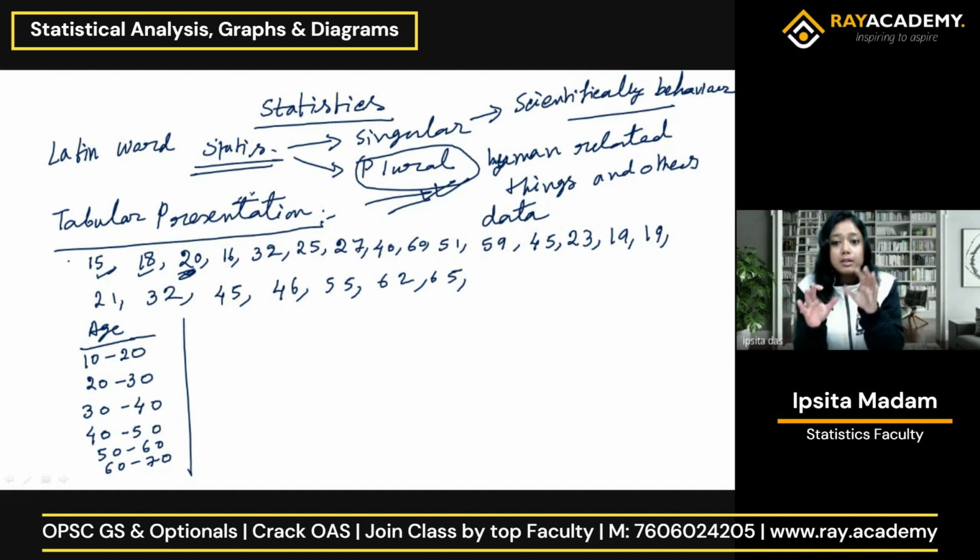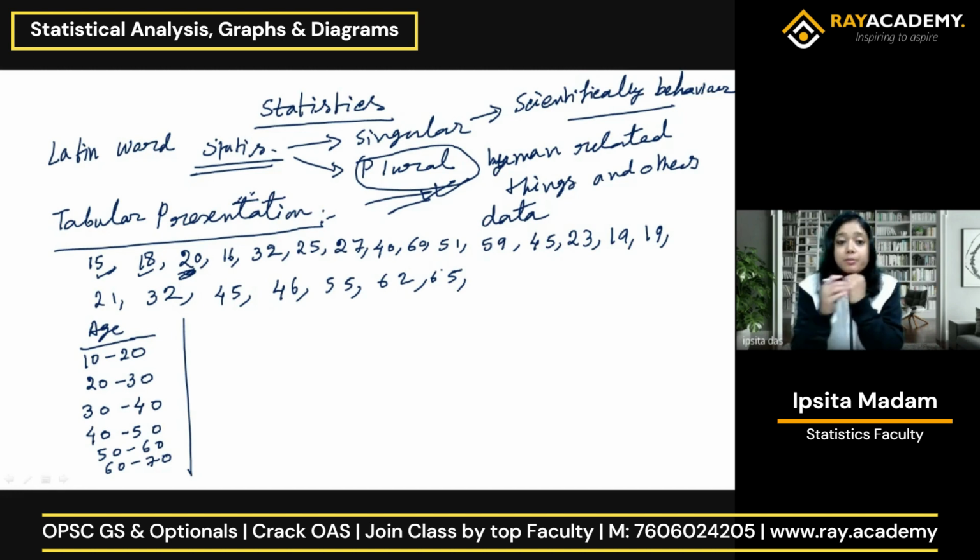This is possible when the data covers a very small area. How many numbers are there normally? 1, 2, 3, up to 22. But suppose you have 50 or 60 numbers here.